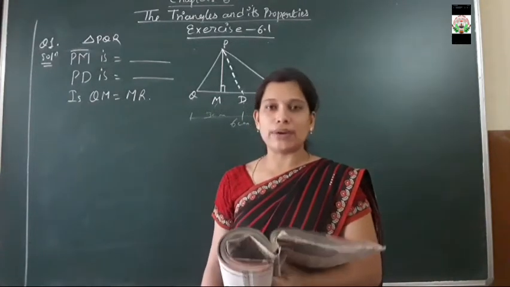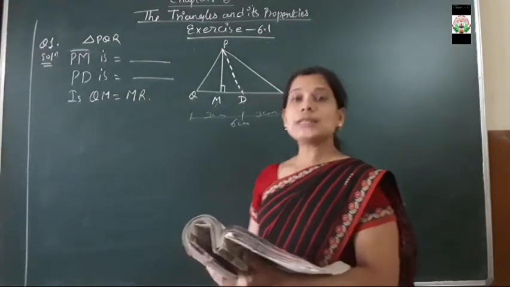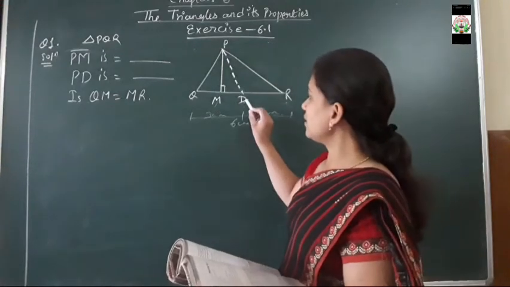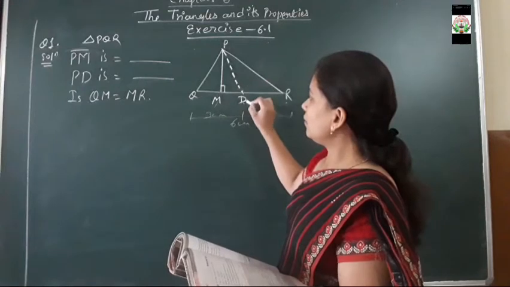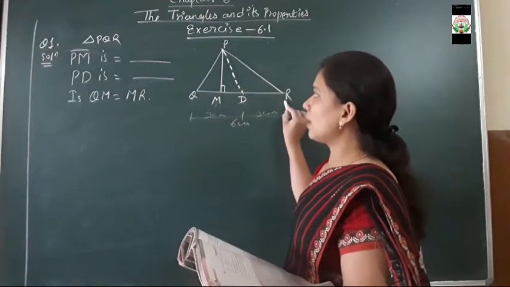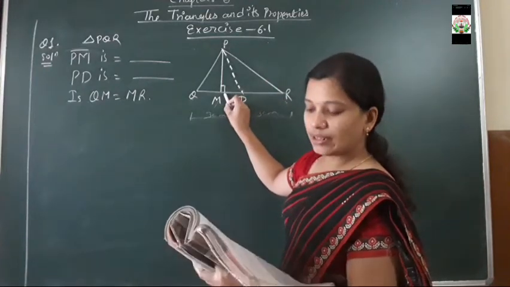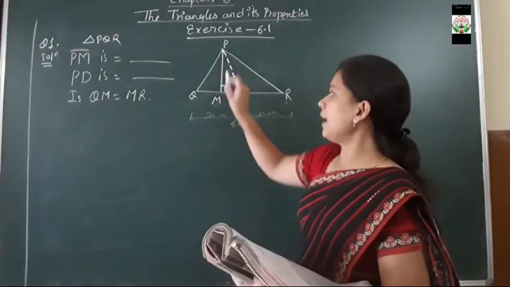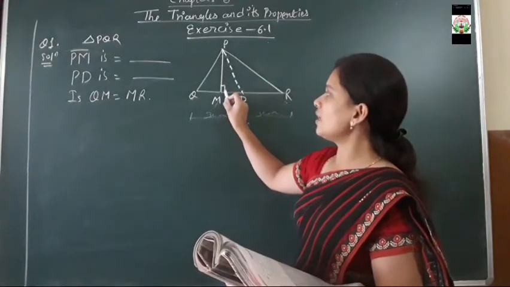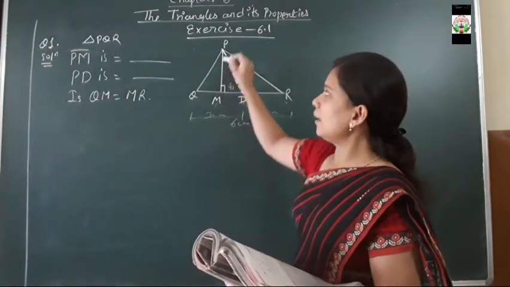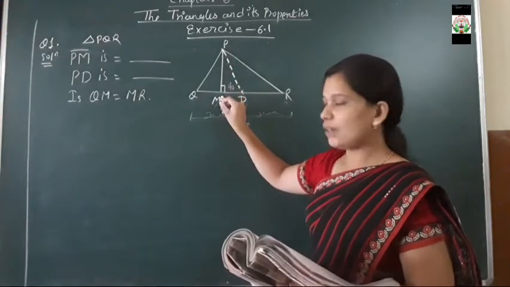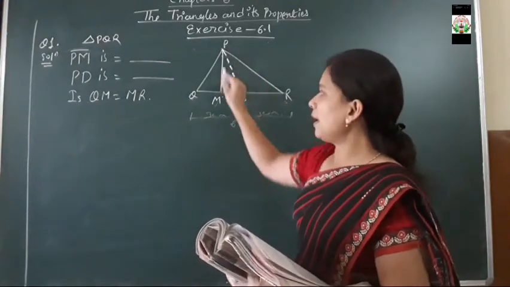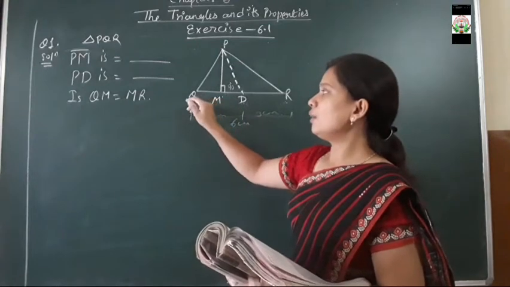Now in this question it is asked: PM is dash, PD is dash, if QM is equal to MR. So dear student, what is PM? As in the question it is said that D is the midpoint of QR. Here one notation is given in the triangle, that PM. Here one notation of 90 degrees is there. That means PM is a perpendicular line to the base QR.